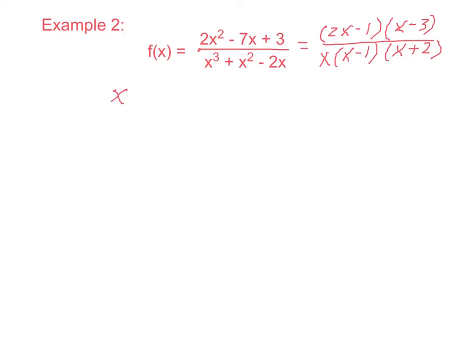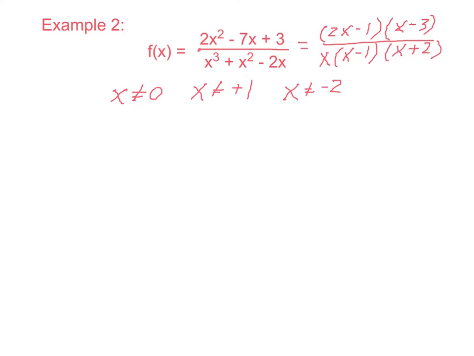So x cannot equal 0. x cannot equal plus 1. And x cannot equal minus 2. So therefore, the domain is all values of x except 0, 1, and minus 2.